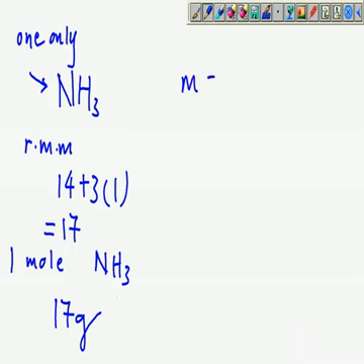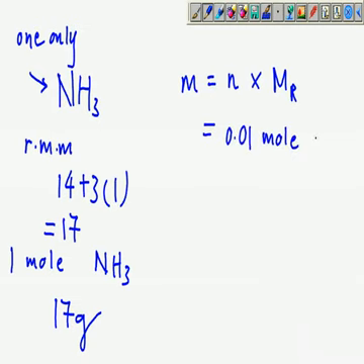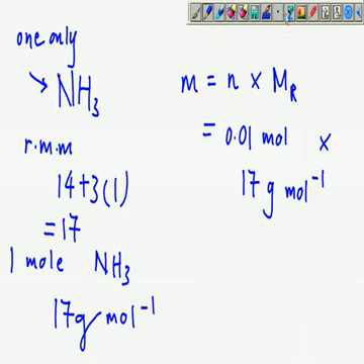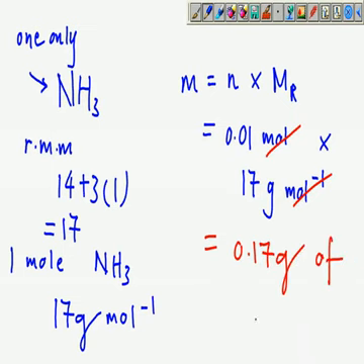So the actual mass is number of mole times molar mass. Given 0.01 mole, and the molar mass of NH3 ammonia gas is 17 grams per mole, now we truly understand why the mole and per mole cancel each other. Therefore, you get 0.17 grams of ammonia gas.